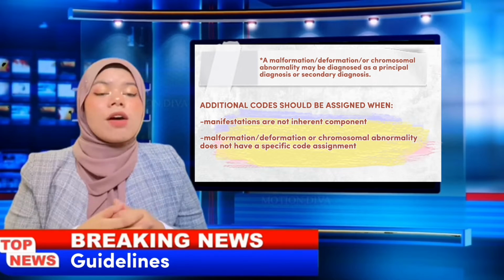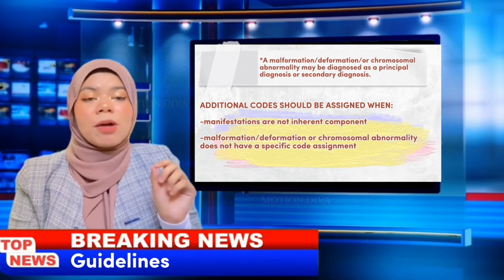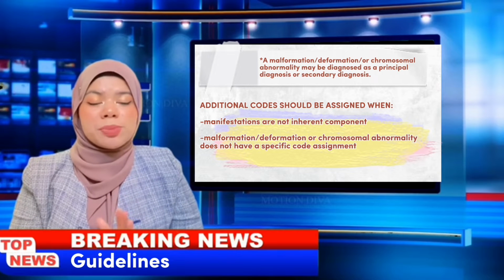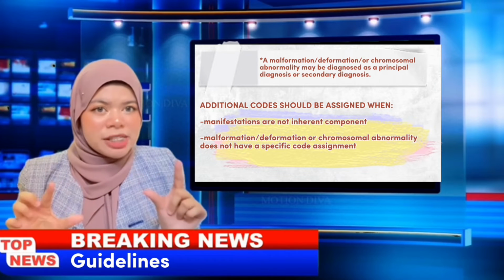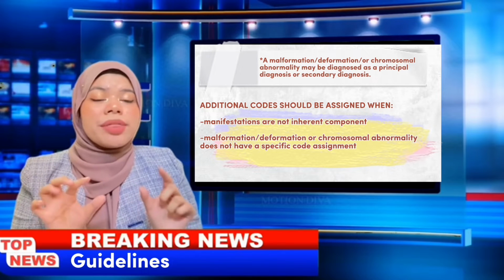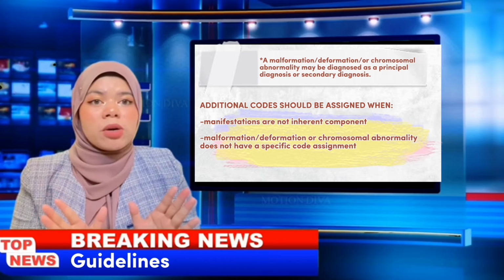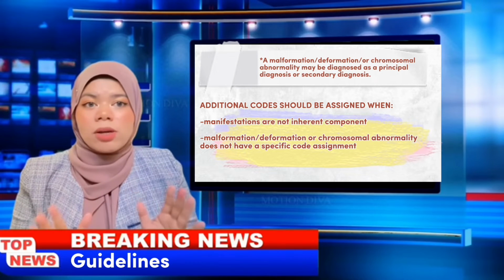For further information, if the congenital malformation, deformation, or chromosomal abnormality is specifically identified and the manifestation with the anomaly has an inherent component, the codes should be coded together and not separately.